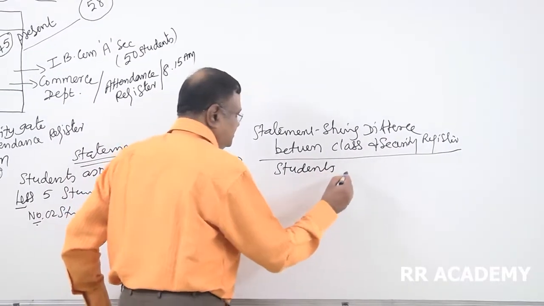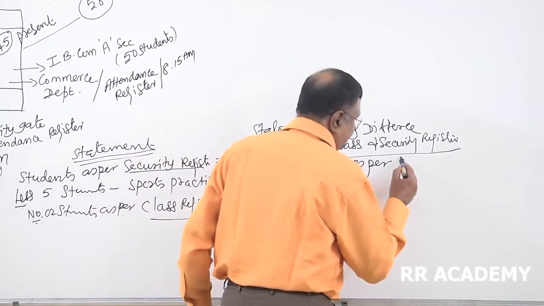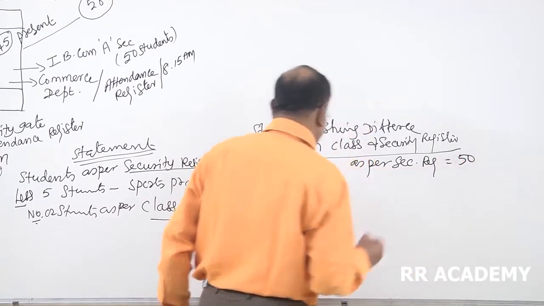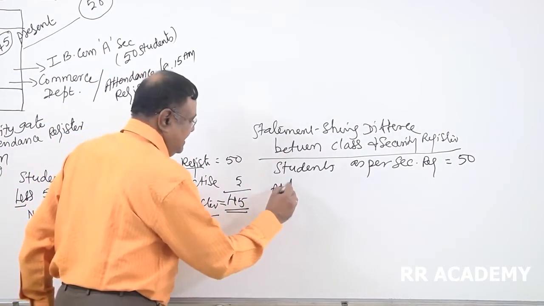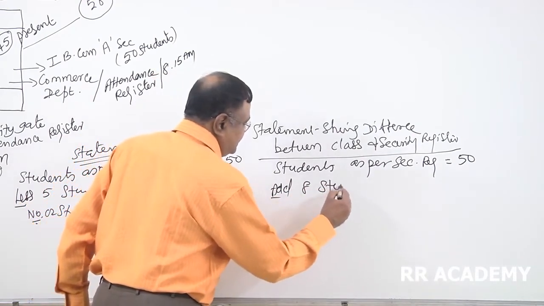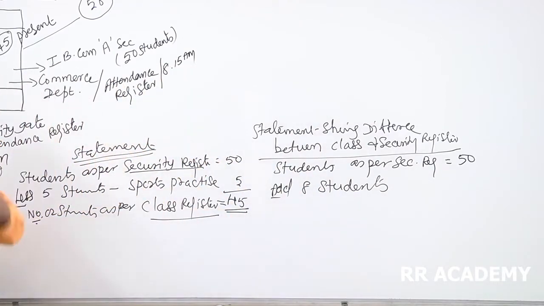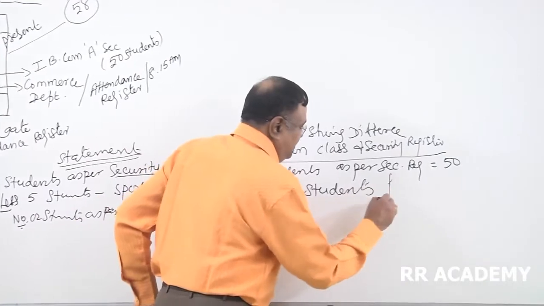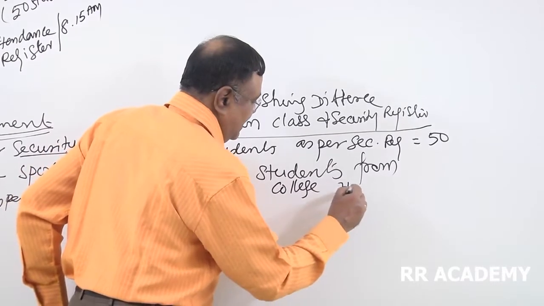Students as per security register equal to 50. Now 58 are there. Add 8 students. Some reason you should give, and that reason should be a proper reason. What reason could we give? 8 students from college hostel.